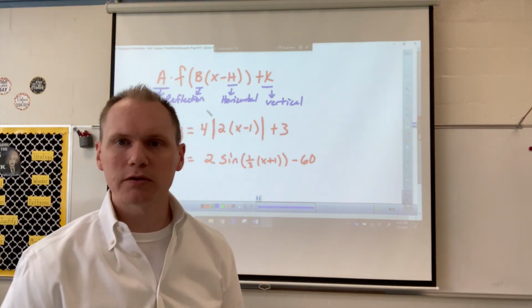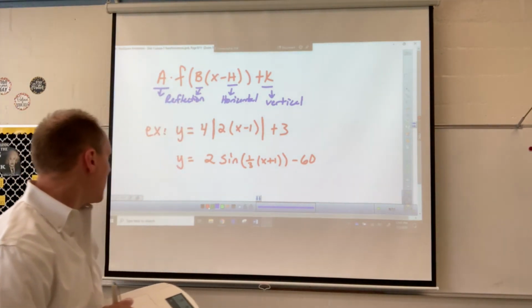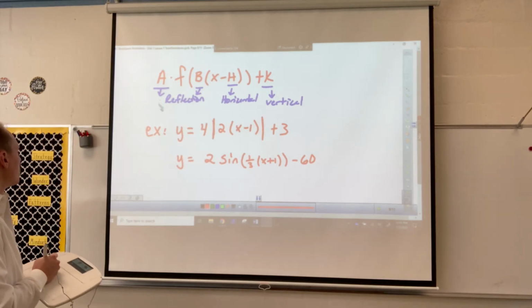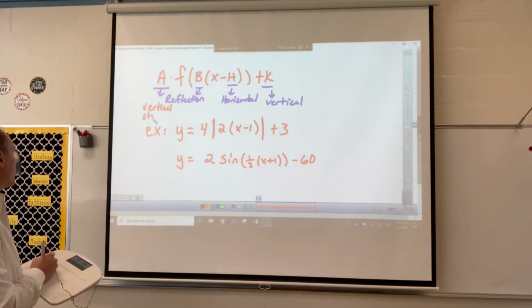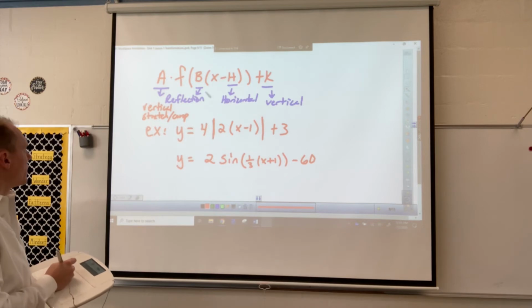We're going to look at an example here in a second, but A is really your vertical stretch or compression, whereas B is the horizontal stretch or compression.